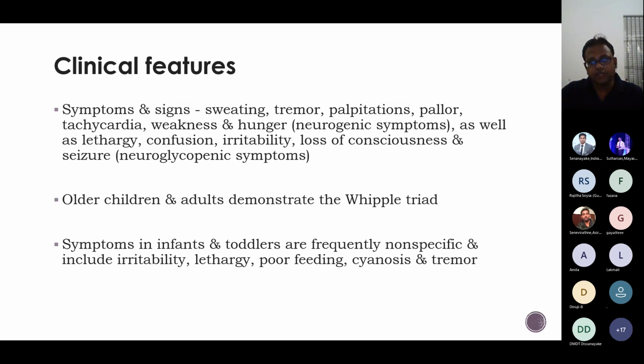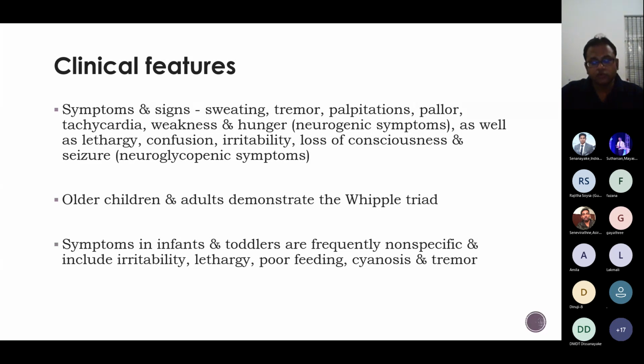As you know, the brain gets glucose through facilitated diffusion, whereas in muscles and other organs, insulin is involved, but in the brain there's no involvement of insulin.